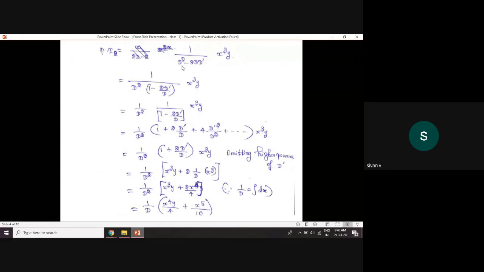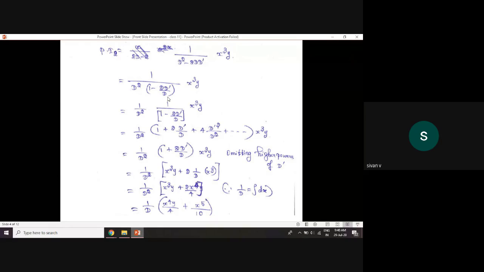When you take this D square outside, it becomes 1 minus 2 D D dash by D square, where D and D cancel. The rest of the part is 1 minus 2 D dash by D. I already told you to adjust the denominator and rewrite it in the form of 1 plus x or 1 minus x.